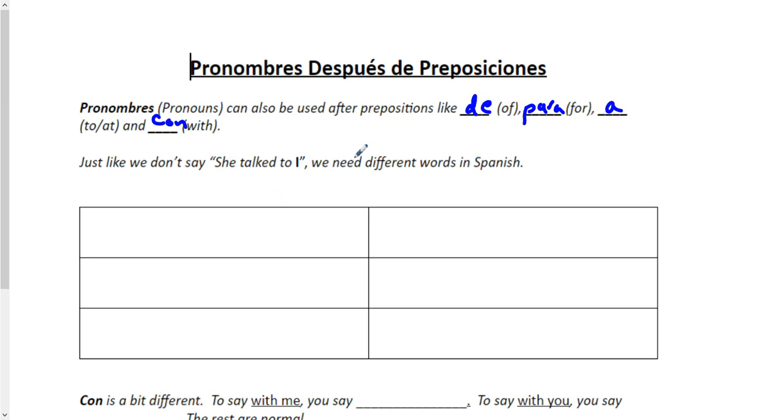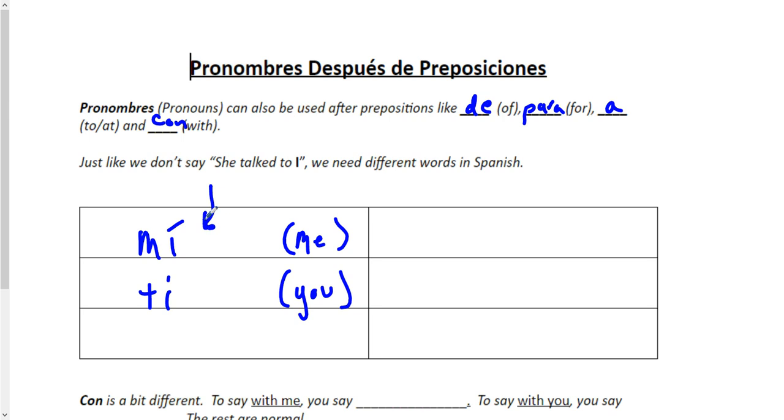Now, the good news is in Spanish, there's really only 2 that you have to be concerned about. For what we would say is me in English, they will use mí, M-I with an accent. And for you, after a preposition, after a de, a para, an a, con, or some other preposition, you will use ti, no accent.